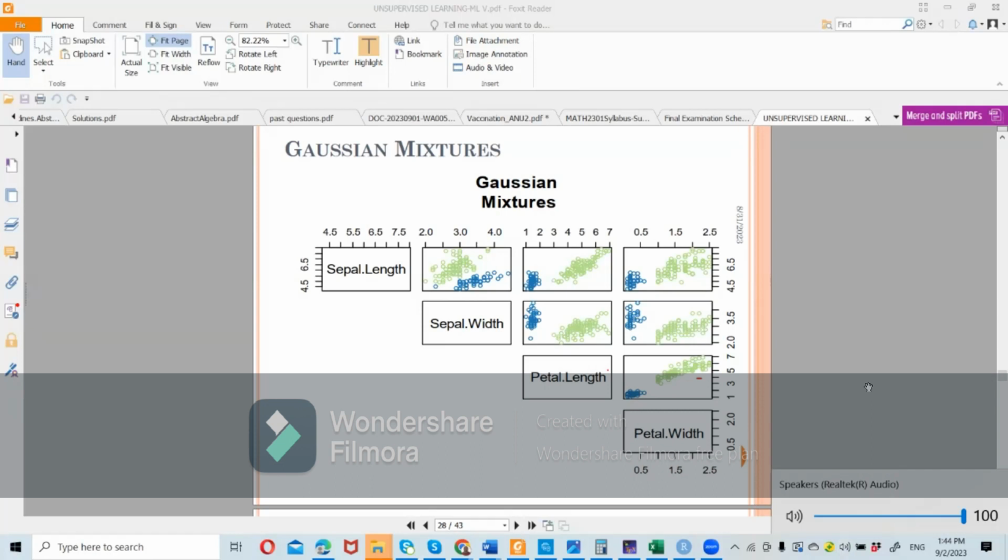You can see that some of them did not mix up. There was no mix up in this particular clustering as compared to when we use the K-means clustering and the hierarchical. So you can see how this one gives us distinct clusters. So that's what we have. Next slide, please.